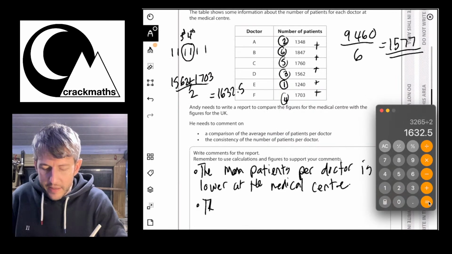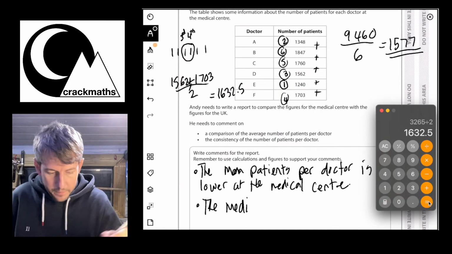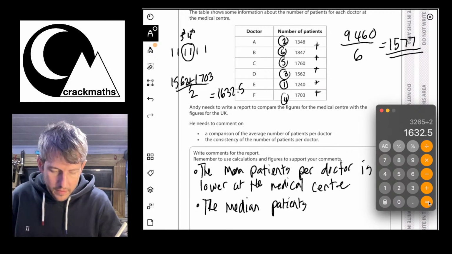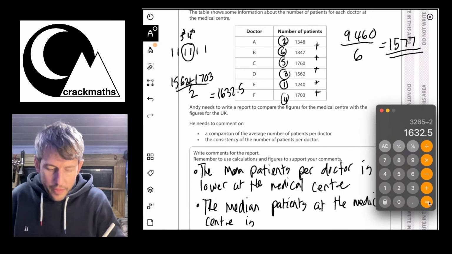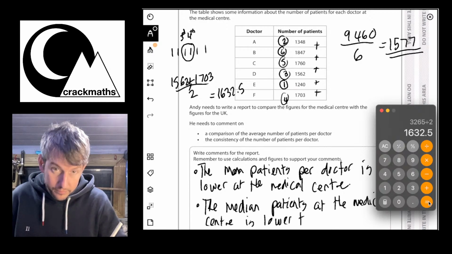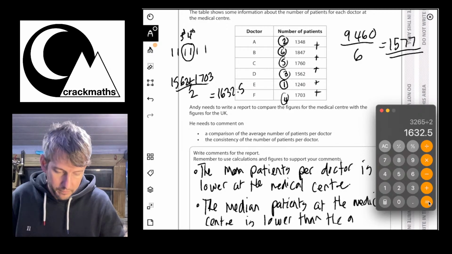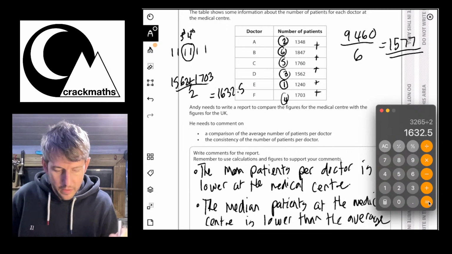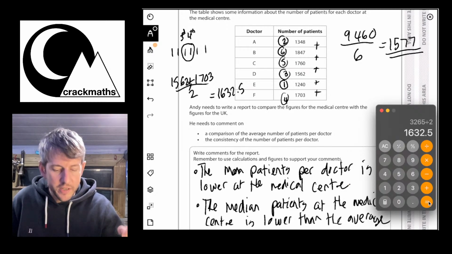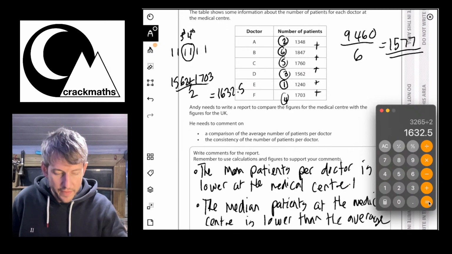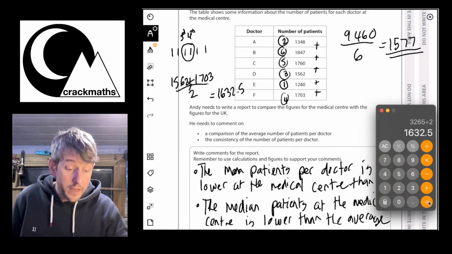I can say the median patients at the medical centre is lower than the average. I should have probably said that here as well. The mean number of patients is lower at the medical centre than the average, because we don't know what type of average they have.